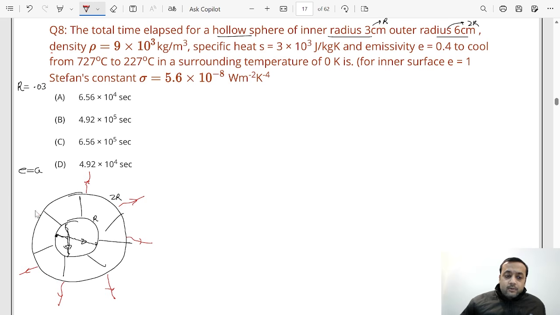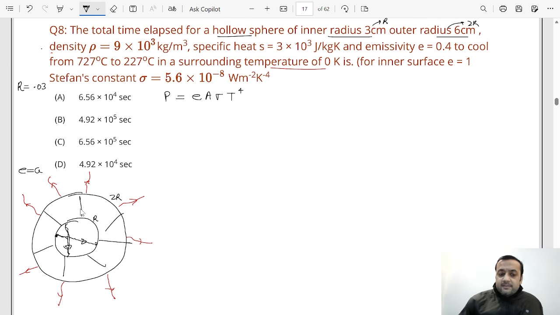Because of the outer surface the heat will escape to the surrounding. Now remember, the surrounding is at zero temperature. So the body is losing heat because of radiation. If I ask you the rate at which heat is being lost, which you can call power lost due to radiation, it will be E into A into sigma into temperature to the power 4.